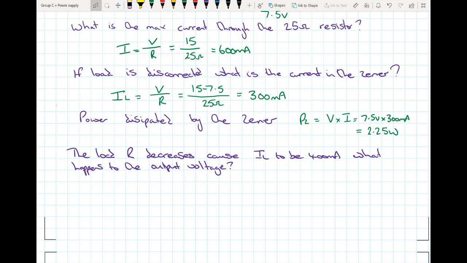The voltage across our resistor, because we're going to have 400 milliamps flowing through that resistor as well, making the assumption that the Zener diode is switched off, times our 25 ohms equals 10 volts. So our output voltage is going to be 15 minus the 10 volts across that resistor, giving us a 5 volt output.